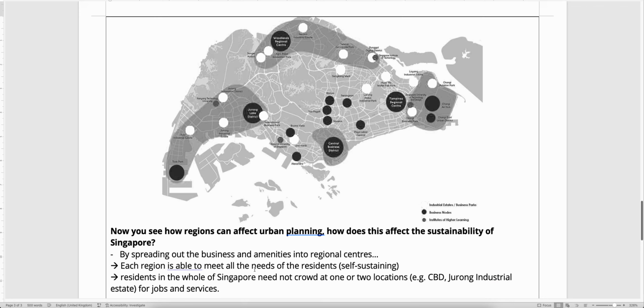So by defining regions in Singapore, we use direction to carve out different regions. It helps us decide where we want to put our jobs and services, so that we will not all crowd around Jurong and the CBD area.